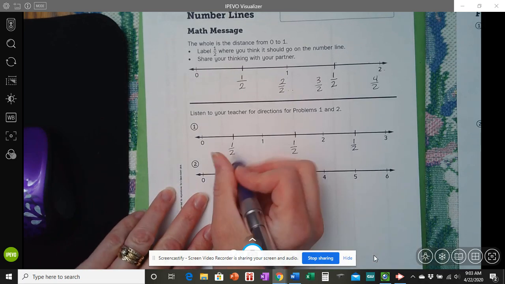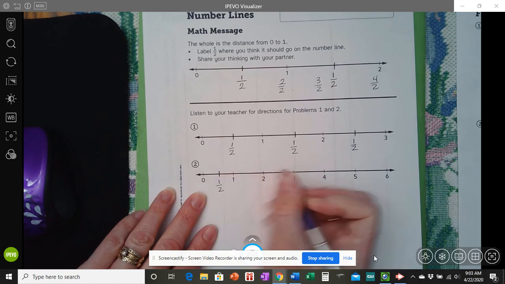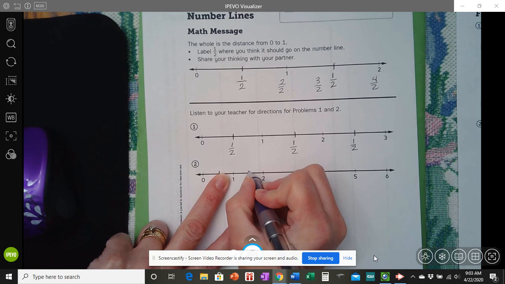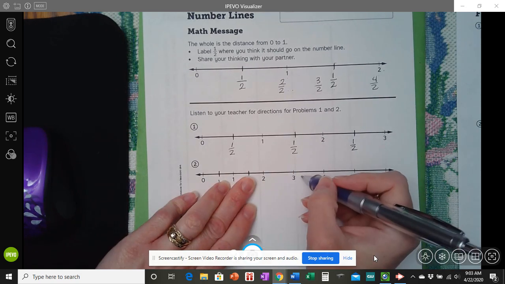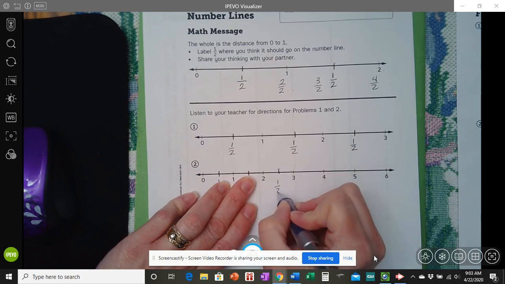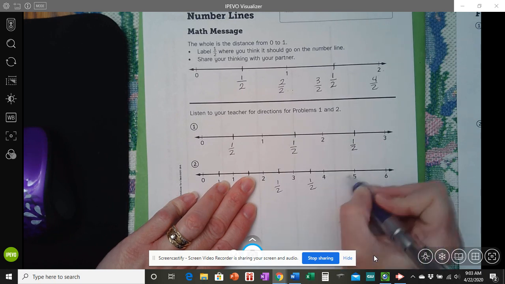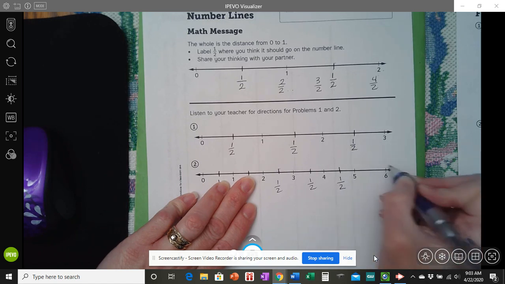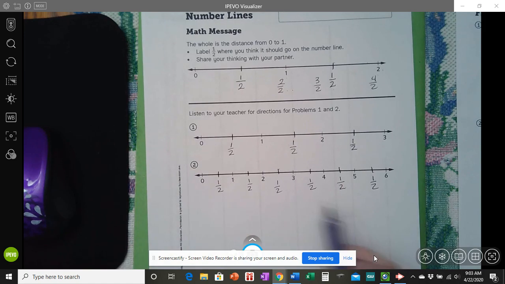So we're going to go halfway between, make the tick, divide it into 1/2, halfway between, make the tick, divide it into 1/2, and we're going to keep going. Okay, so there we have halves.